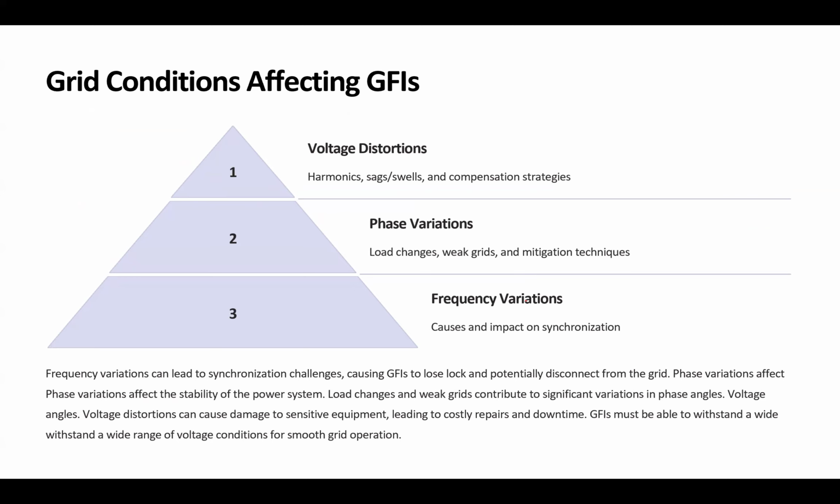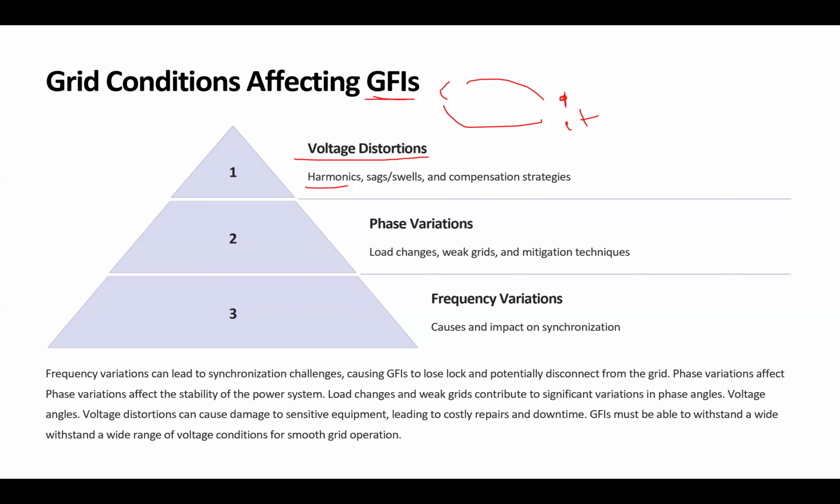The grid conditions that affect the performance of GFIs are basically three main conditions. One is the voltage distortion, because GFIs tend to follow whatever they see in the terminals. They measure it and they follow it. So if there is a voltage distortion, it would make the GFIs fall on the wrong track.